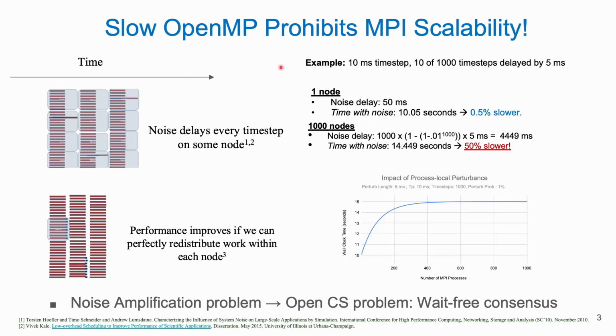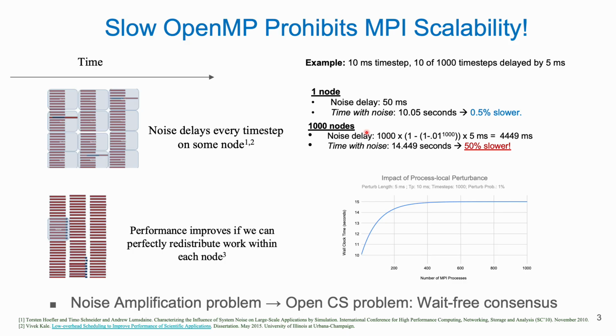Now, given each time step is 10 milliseconds, and the probability of noise on any node is 1%, the expected time with the noise is 10.05 seconds. This isn't much of a delay.